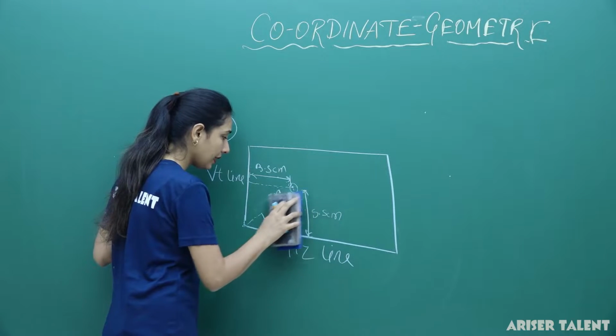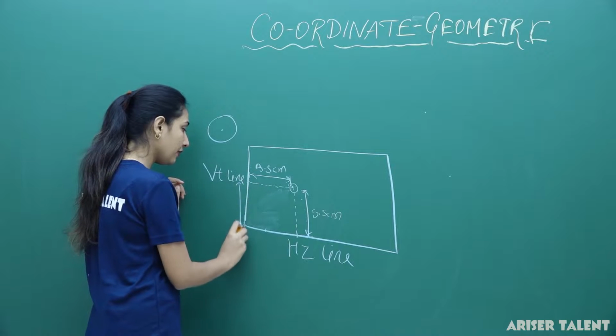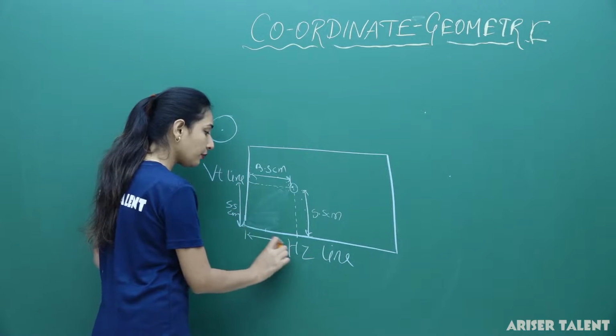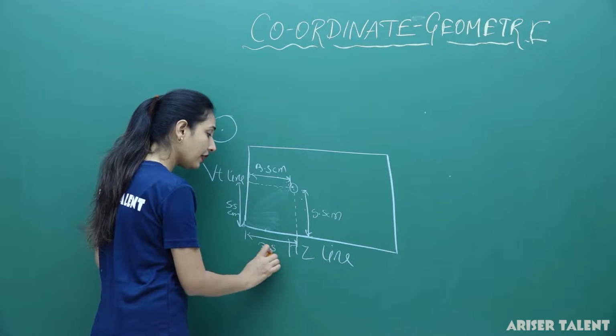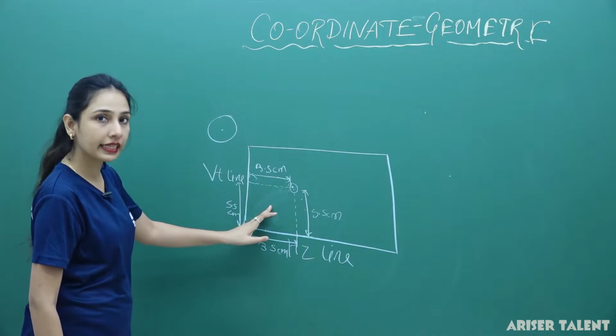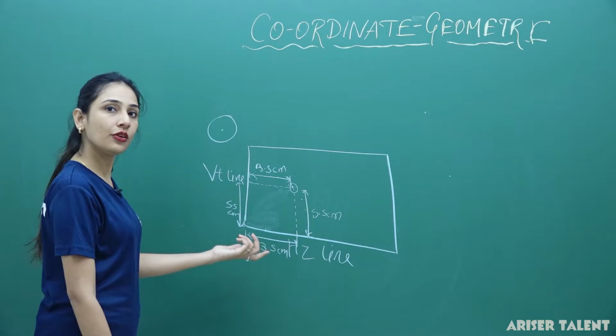So in that situation, there will again be 5.5 centimeter here, and again 3.5 centimeter here. Why? Because we have drawn perpendiculars, so that will be a basic rectangle, and opposite sides of a rectangle are what? Equal, you know all this.